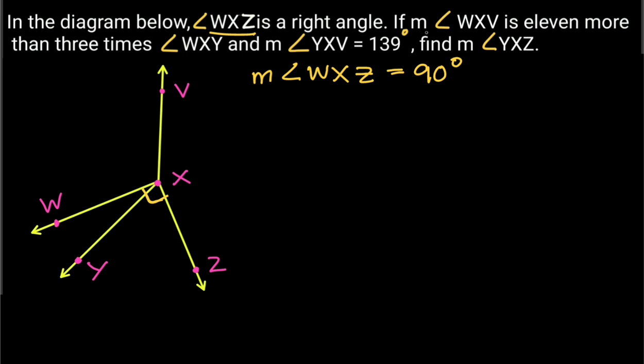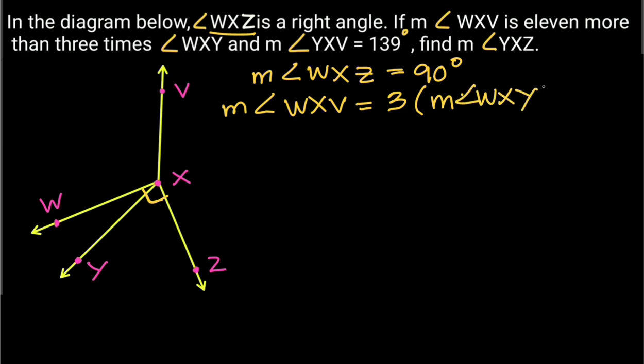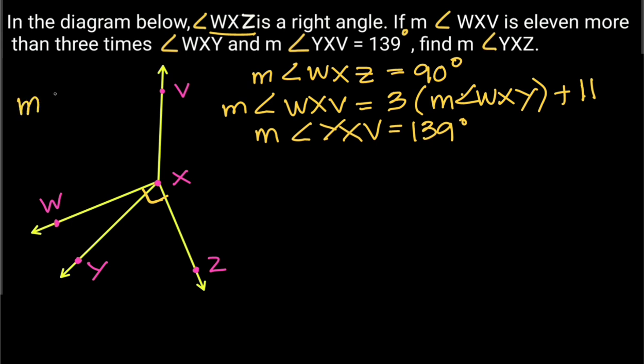It says that the measure of angle WXV is 11 more than 3 times the measure of angle WXY. And then the measure of angle YXV is equal to 139 degrees. Then we need to find the measure of angle YXZ.